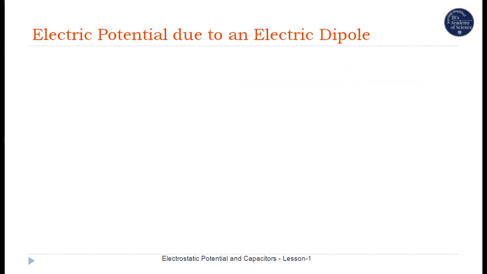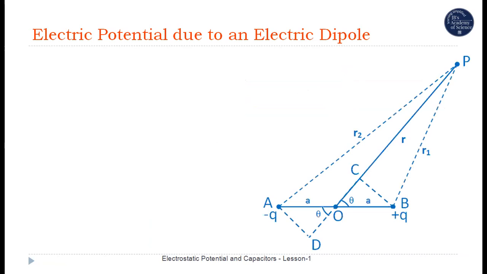Now, electric potential due to an electric dipole. So here you consider an electric dipole with charges plus q and minus q placed at A and B as shown in the figure. Let O be the center of the dipole.